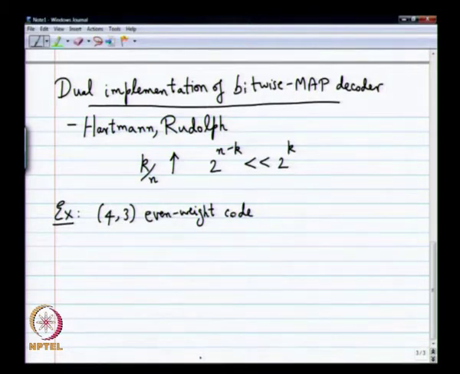Let me remind you what is the even weight code. It is basically the dual of the repetition code, that is another way of defining it. So this is the dual of the 4,1 repetition code.